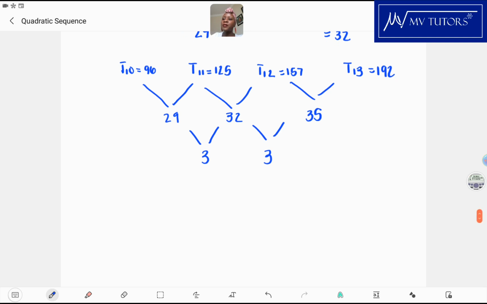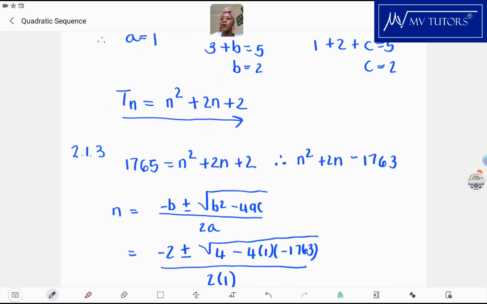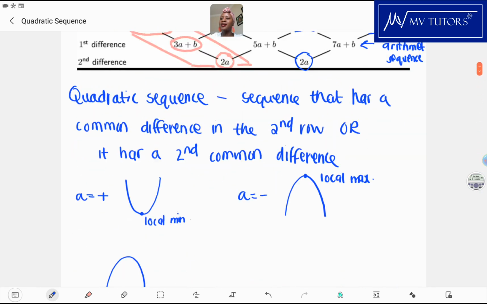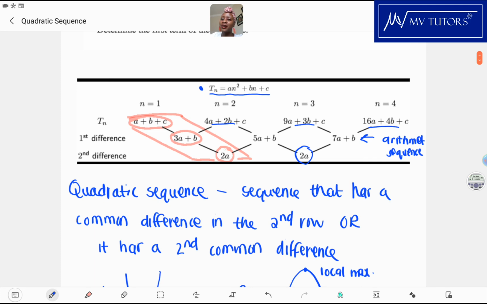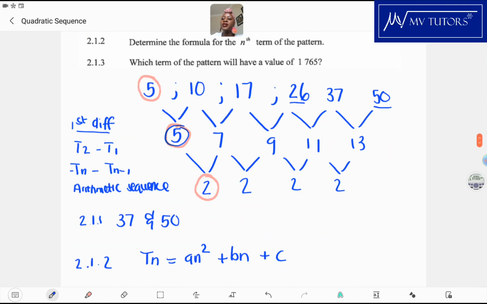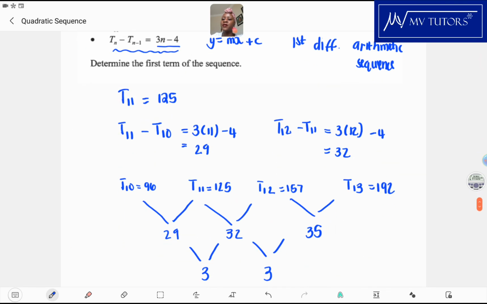Okay, and remember, if I look here, your common difference all the time is 2a. Okay, so I can already determine what a is from this.